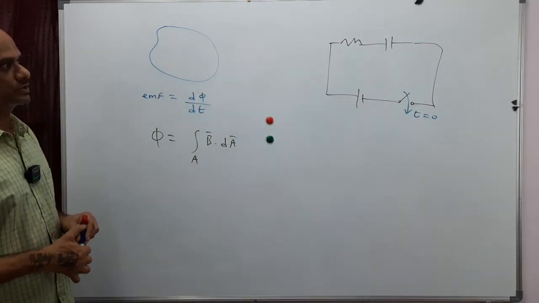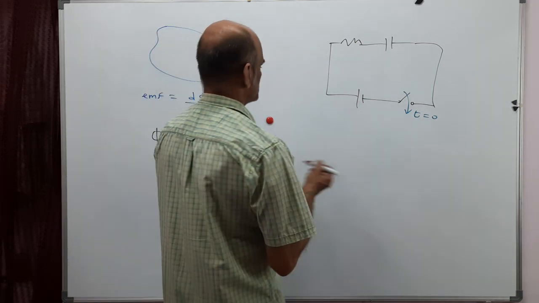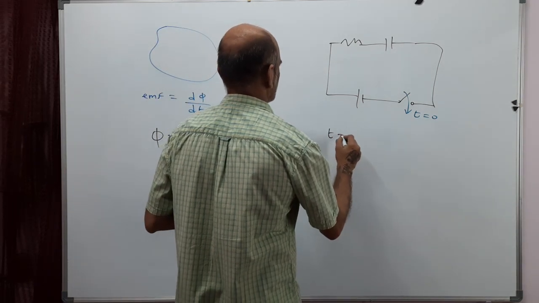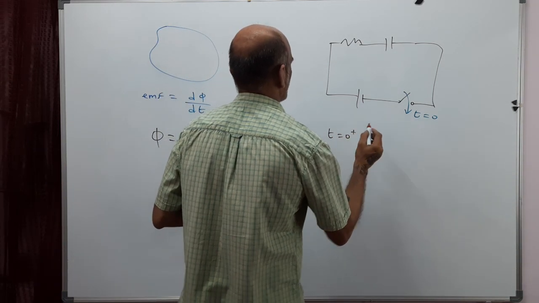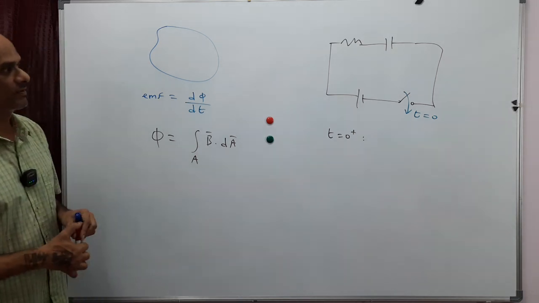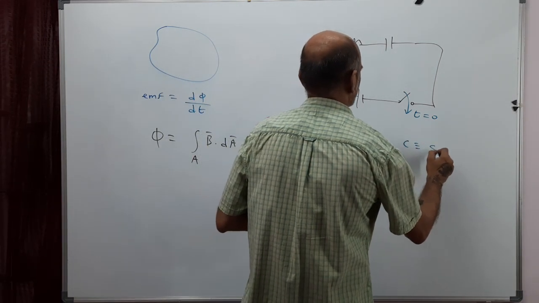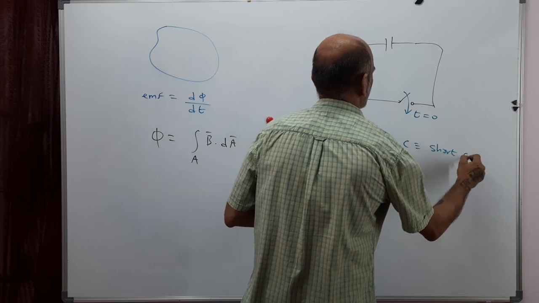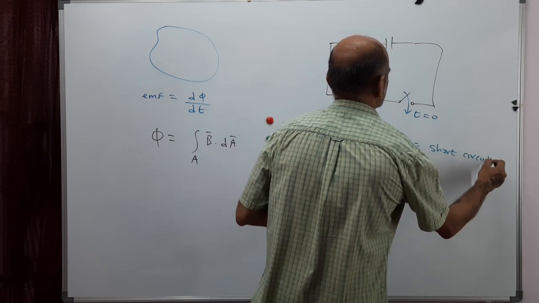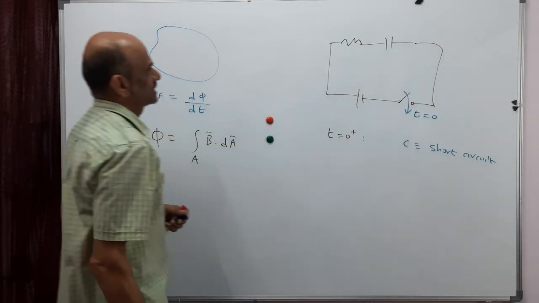So as soon as the switch is closed, at time t equal to 0 plus, the capacitor will act as a short circuit. It's as if it's just connected by a wire.